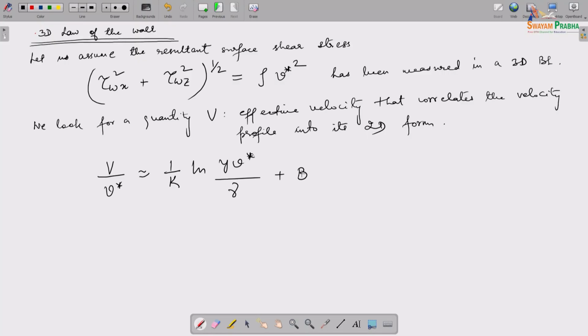Now, regarding this V, this effective velocity, several people have given suggestions. So, I am going to write that down. Several suggestions by researchers.